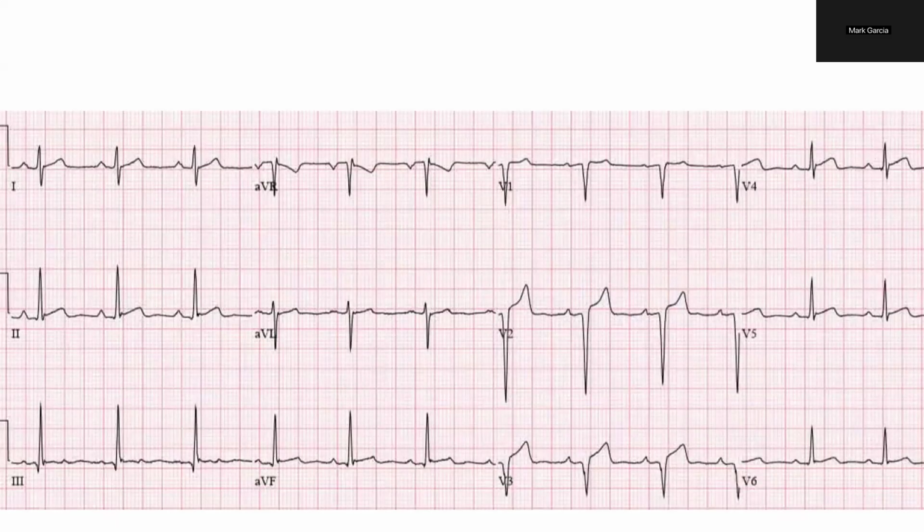Okay, so is this benign early repolarization or a STEMI? This is a young patient with chest pain. And what you'll notice here is there's ST elevation in V2 to V4. So ST elevation here and here and maybe over here.